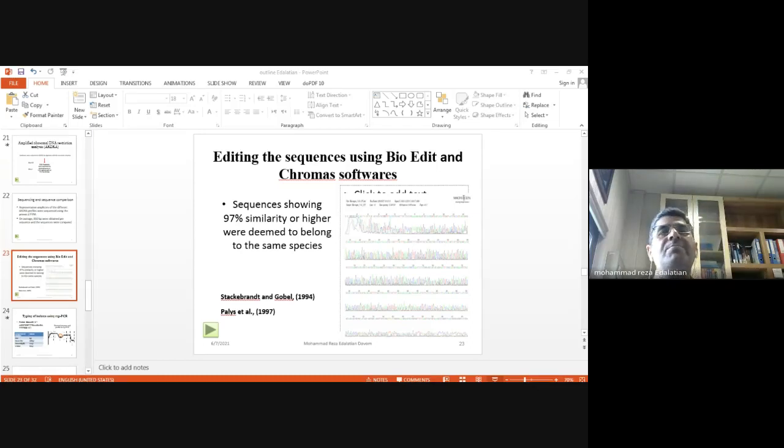In the next step, similarity of the patterns is calculated using the simple matching coefficient, and in the next step, clustering of band patterns using the UPGMA, unweighted pair group method with arithmetic mean. And finally, you have a dendrogram like this, and according to this dendrogram, you can type and differentiate the isolates.